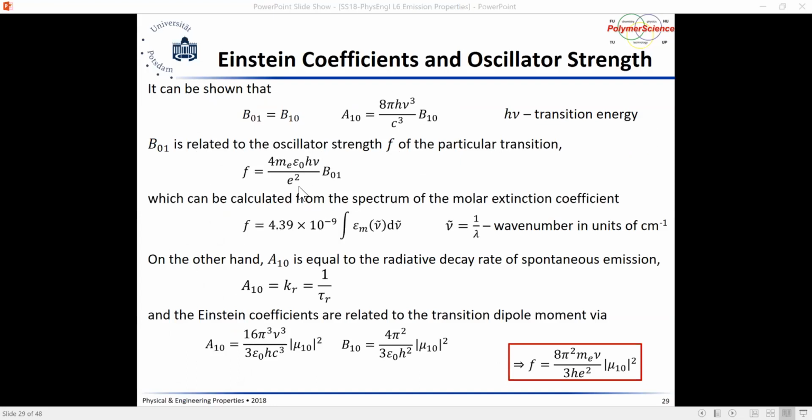The final oscillator strength can be calculated from the spectrum of the molar extinction coefficient, and it involves integrating your extinction coefficient parameter, epsilon, over the entire spectrum that you are interested in. So all of this just comes from the constants that we have.